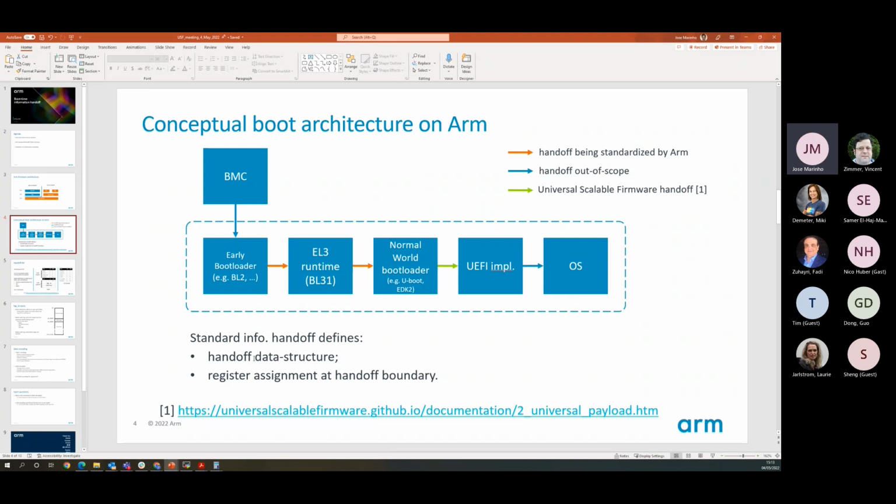So in terms of the information being handed off, what we need to standardize is the data structure itself and which registers we use to pass on the different bits of information. And I guess to some extent also the system register configuration for the relevant system registers when we hand off from one firmware component to the other or between different payloads.